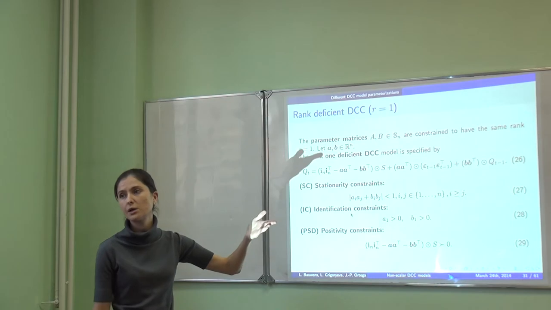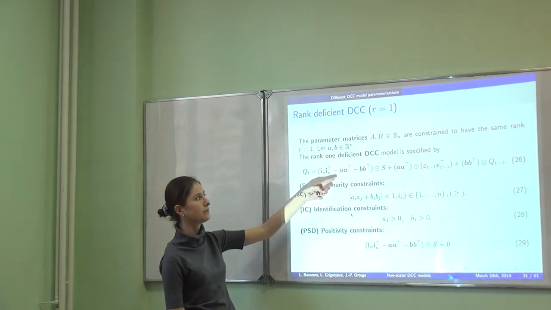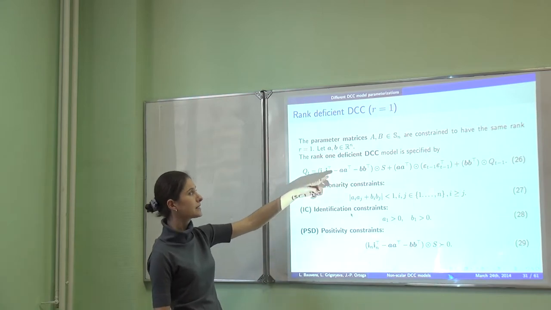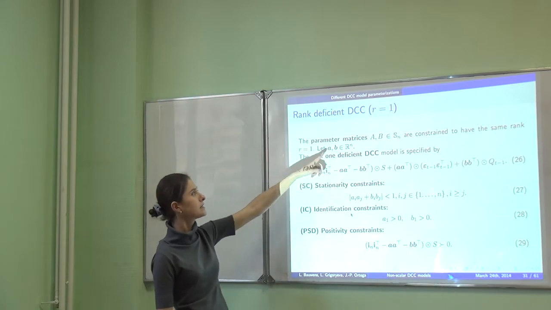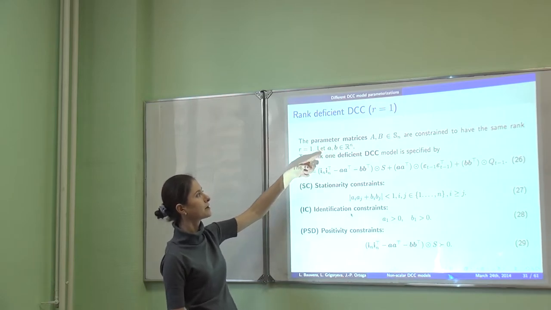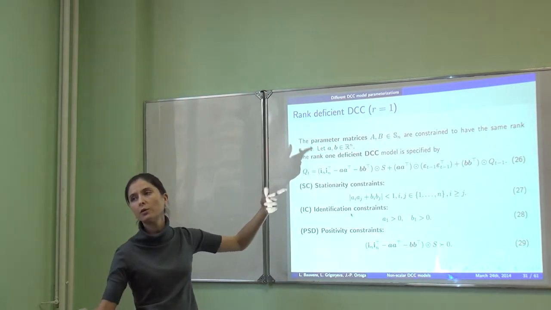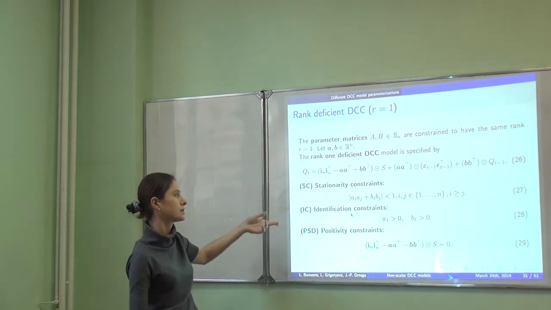Let's say the rank is equal to 1. In this case, we can write down these parameter matrices in the following way. Our A and B can be obtained out of the intrinsic parameters small a and b, which are just vectors of dimension n, where n is the number of our asset returns.